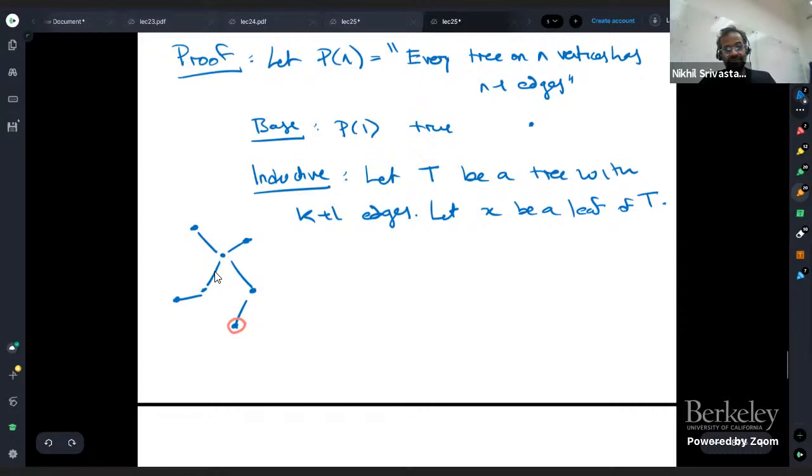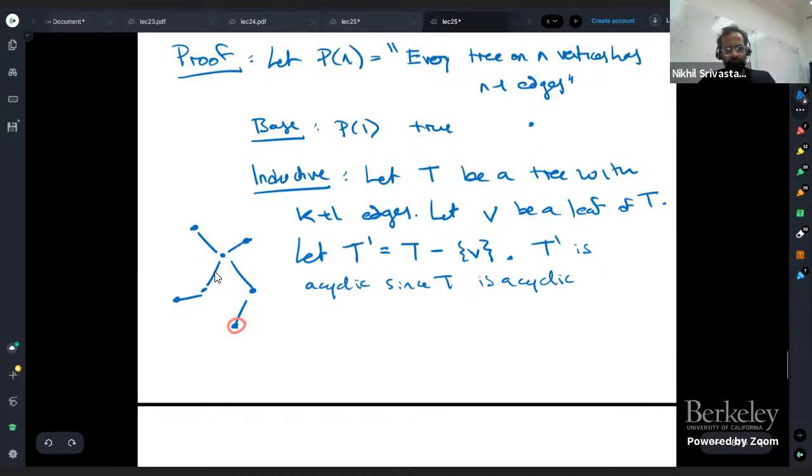So it's acyclic. I mean, it's a subgraph of T, but it's still connected. And here I have to use the unique path property, right?